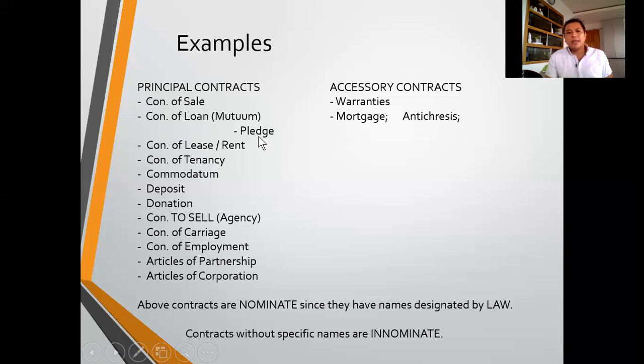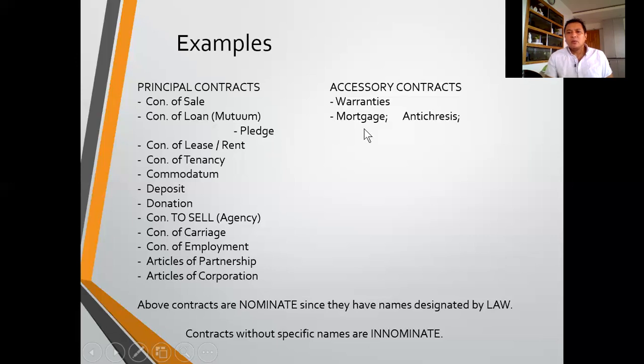On the other hand, pledge is also a security of the loan, but here it involves personal properties. So you know what is a personal property? Those which are movable. You can move from one place to another, like a vehicle, like a car, a jewelry, motorcycle, and so on and so forth.